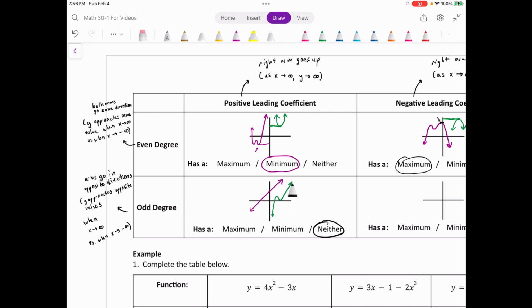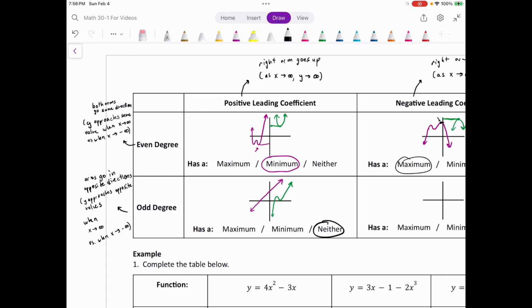It's never stopping going up, right? This is going down forever. It's never stopping going down. So there is no value that it's ever going to hit and then not go lower than. It's always going lower as x goes to negative infinity. It's always going higher as x goes to positive infinity, right? And so odd degree functions don't have a max or a min.